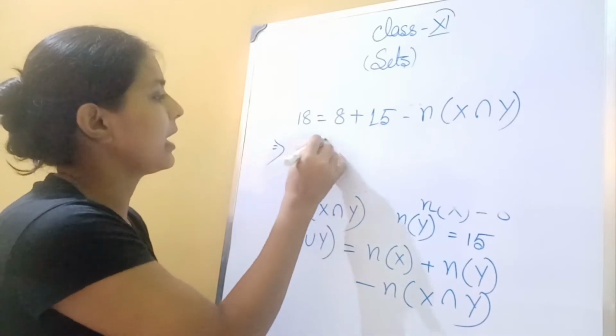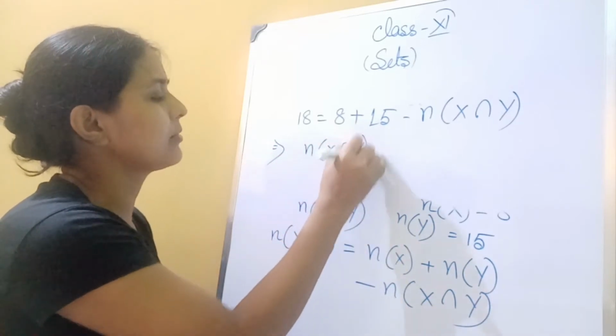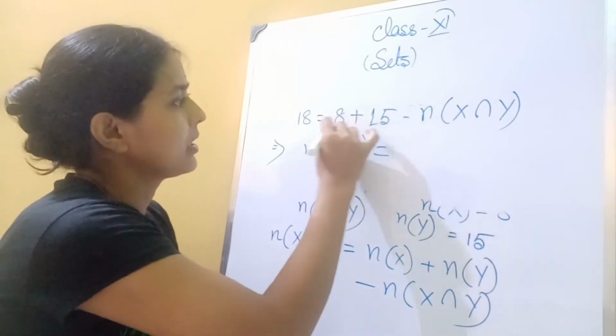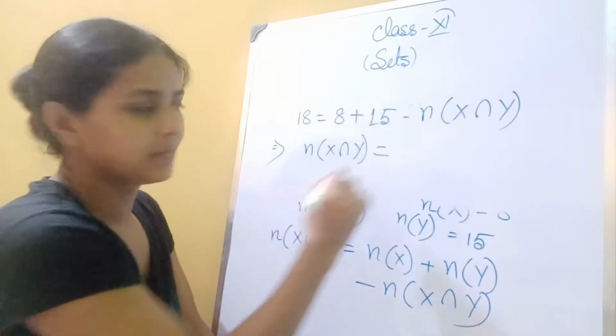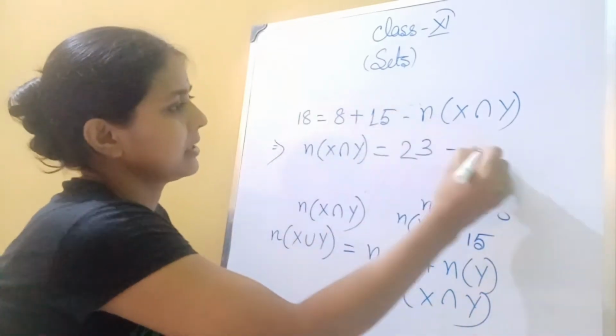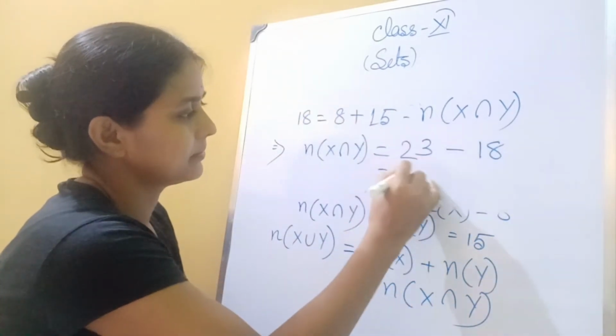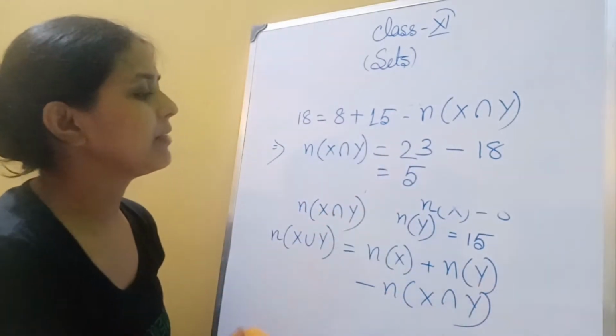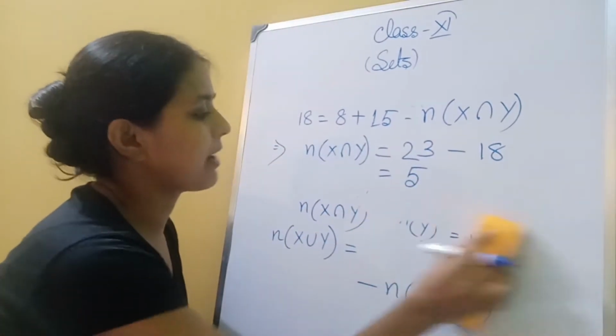Now n of X intersection Y, from this equation, will be 8 plus 15, which means 23, minus 18. So ultimately we are getting 5.